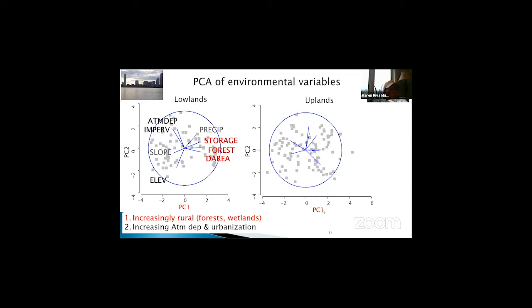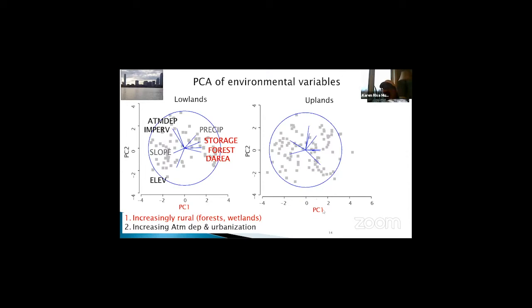On the secondary gradient, going from the bottom to the top, shows a shift from higher elevation streams to lower elevation, more impervious surface, so more urbanization, to which there is more atmospheric deposition. So in this case, the atmospheric deposition is associated with impervious surface. So this is atmospheric deposition to urban areas.